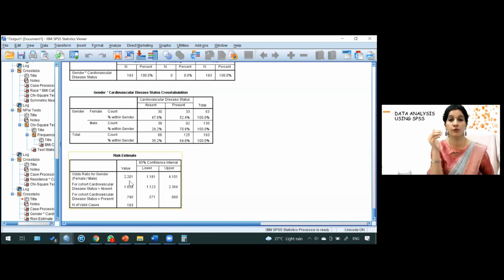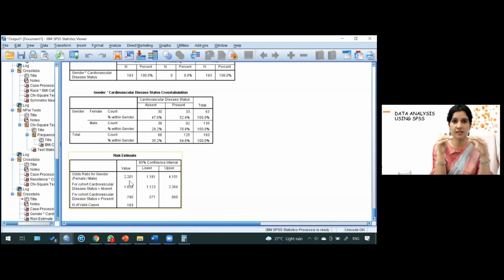Okay, so that is an adjusted odds ratio. But whatever we are calculating from a 2 by 2 table in chi-square, that is the unadjusted or crude odds ratio. Okay, so this was the interpretation for odds ratio.